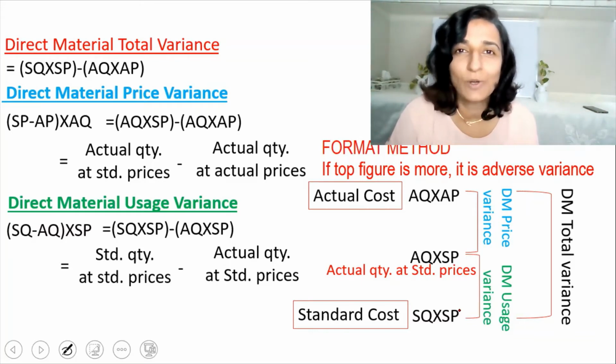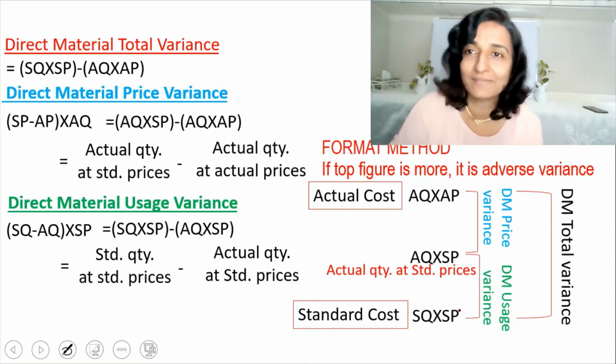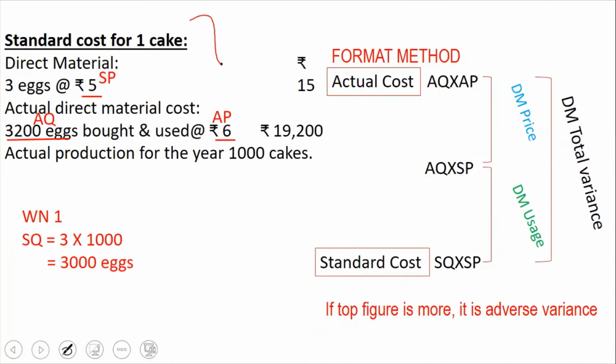So let's do the same problem under the format method. So we have the very same question here, and I have just marked out SP, AQ, AP, and SQ that we had found in the previous method. And on the right side, we have the format. And I will just be keying in the figures from the question. So we have the actual cost here with AQ into AP.